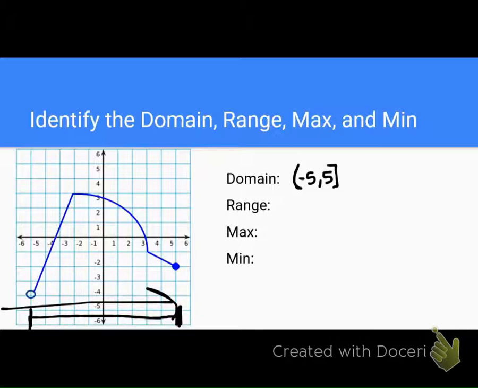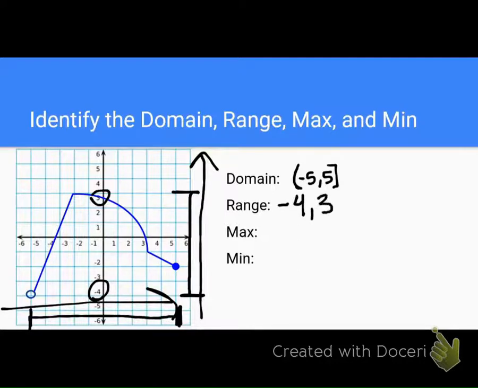Okay, then for the range, I'm looking at the y. What happens is I go from the bottom to the top. I see that I run into the function here. It starts at this point. And then I keep going, and it looks like it stops at this point. So for my range, I'm going to go from negative 4 up to 3.